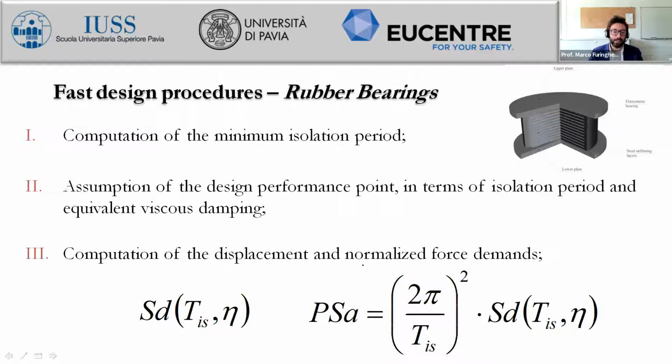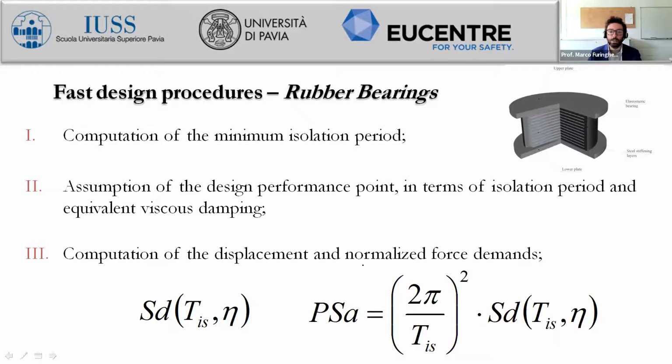You will see that these three steps are actually in common with respect to all the bearings that we can design: rubber bearings, lead rubber bearings, and also the curved surface sliders, because this is actually the main hypothesis for these fast design rules, which is the computation of the minimum isolation period. And this is what we have discussed in the first lecture.